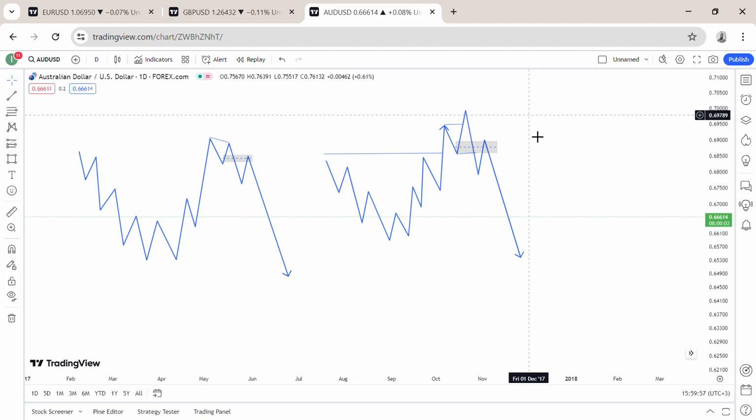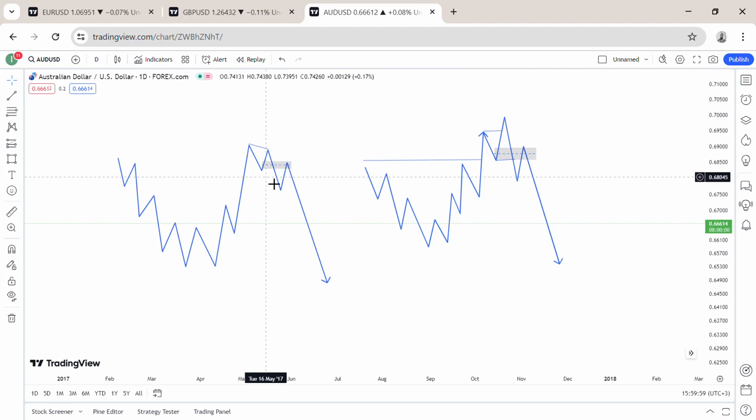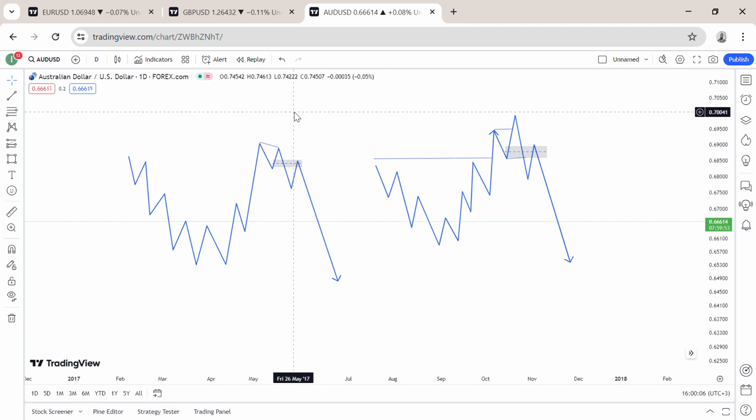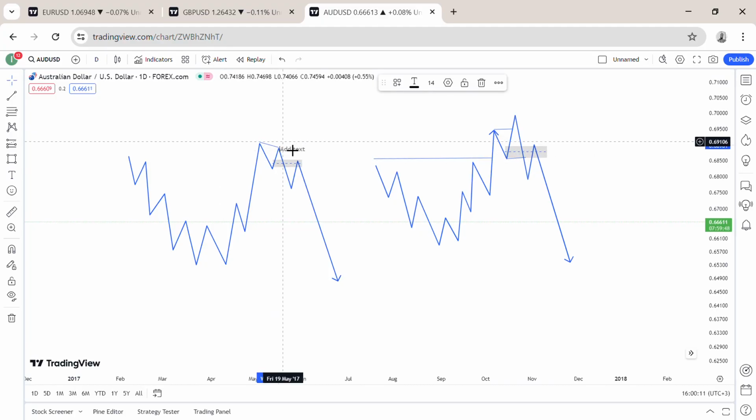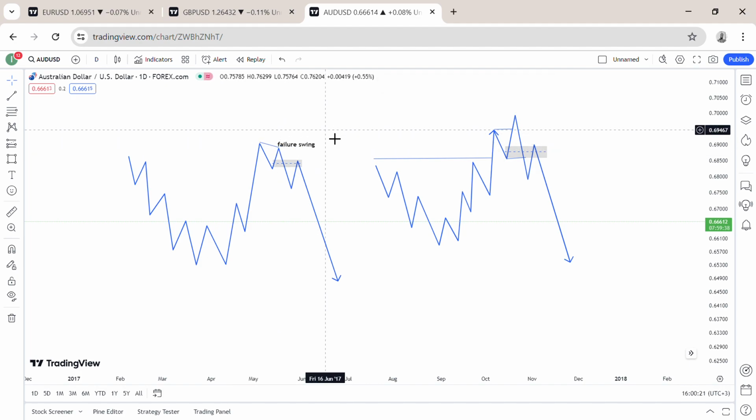So you find the difference. A mitigation block is the last candle or the first candle that pushes the price up to cause a failure swing. So for me, this is a failure swing. This candle that pushed the price higher, causing a failure swing before price dropped down, displacing below this low, is called a mitigation block.